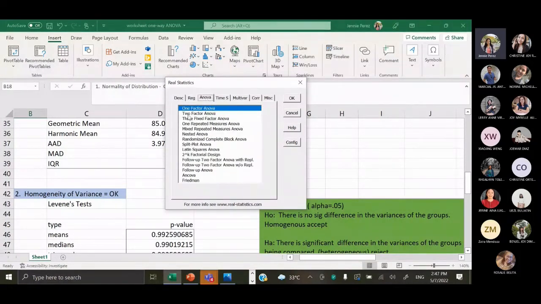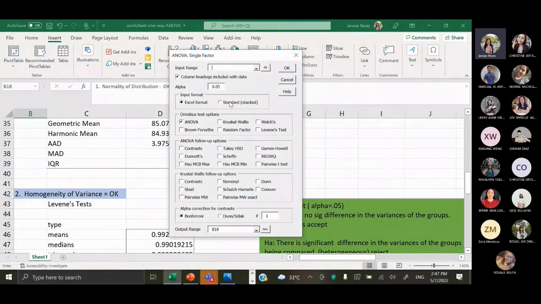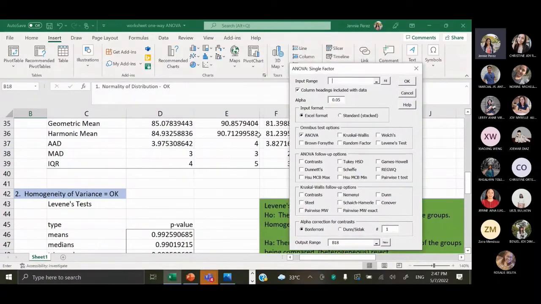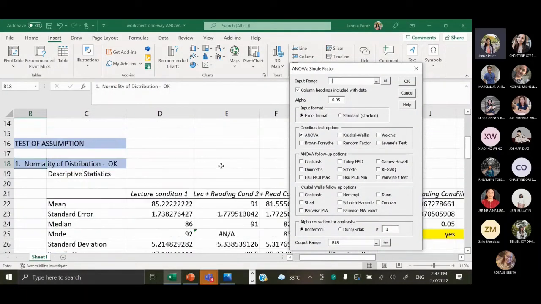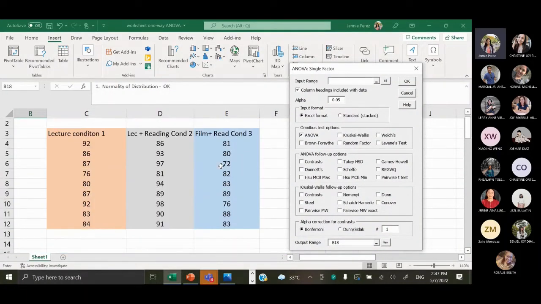Click ANOVA, then click one factor ANOVA, and you just input the range. Again, we go back here, input the range of our data.